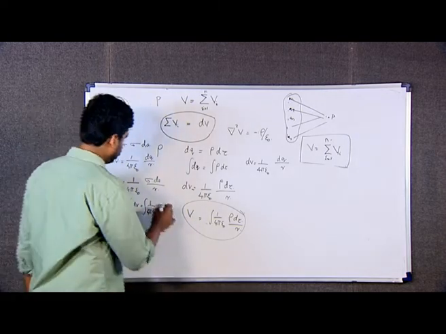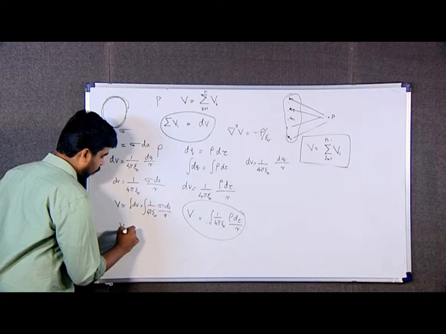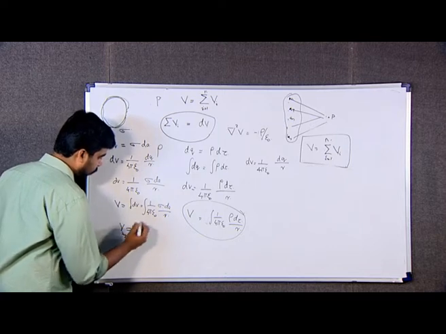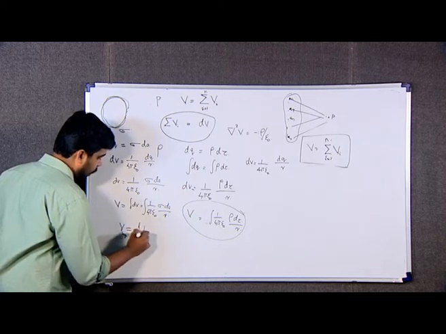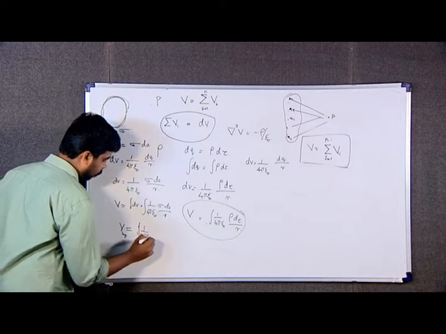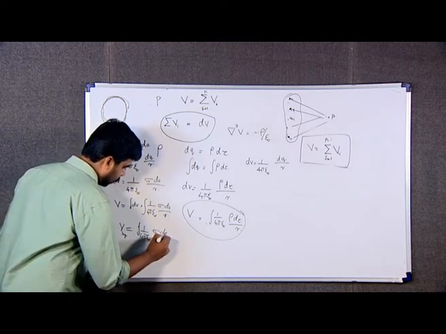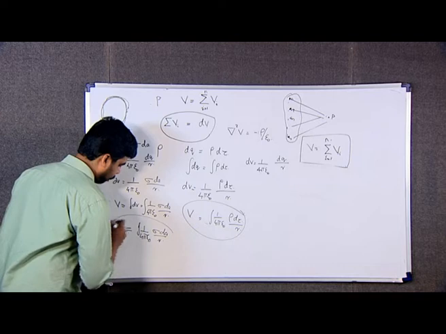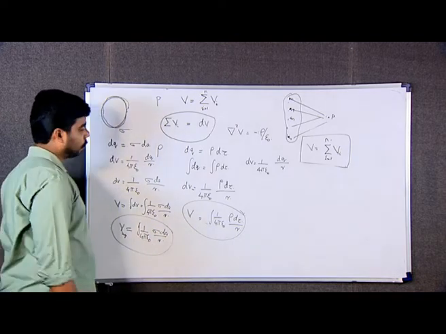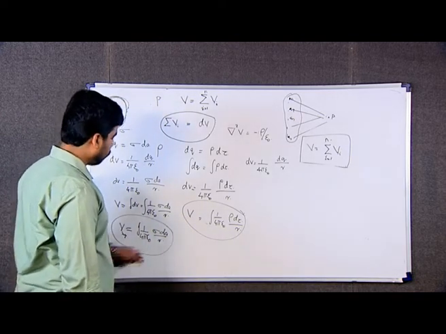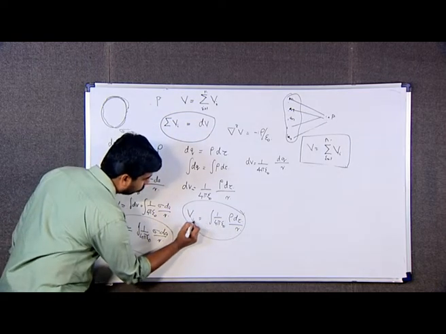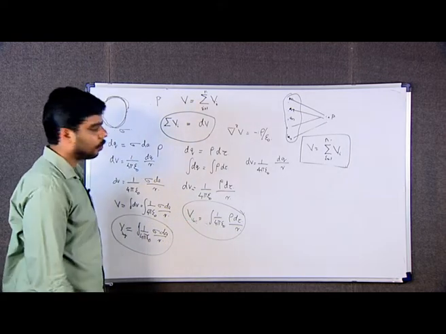This is the potential due to the surface charge density, as against the volume distribution rho.